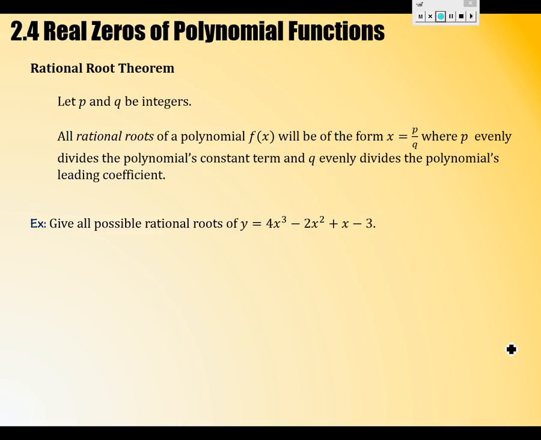So 5 should divide the constant term, and 7 should divide the leading coefficient. That's the claim at least.